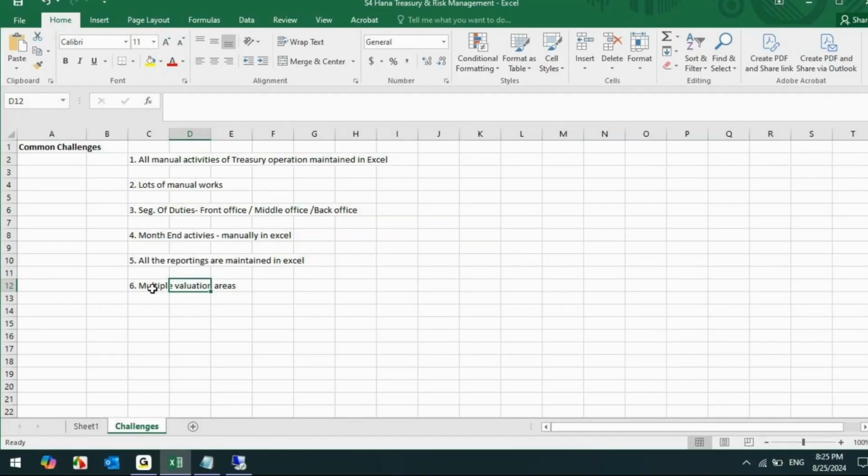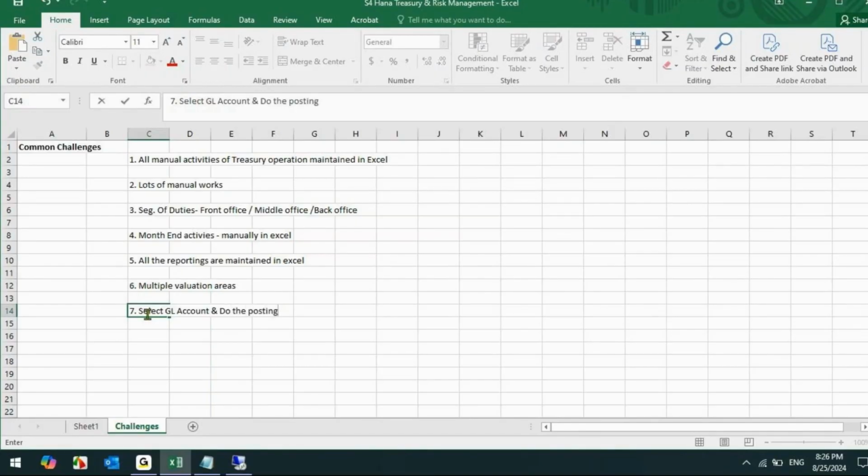When you have not implemented the SAP module, business usually does these activities in the FI module. So let's say they made some investment in a fixed deposit. They simply select the GL account and do the posting.